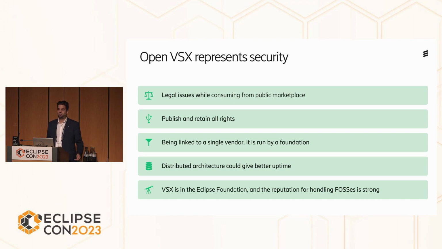You don't want 10,000 developers to have an update blocked, because imagine 10,000 developers waiting 2 minutes for the DNS to resolve or something. That actually becomes very expensive fast. And the Eclipse Foundation represents a lot of security for us.